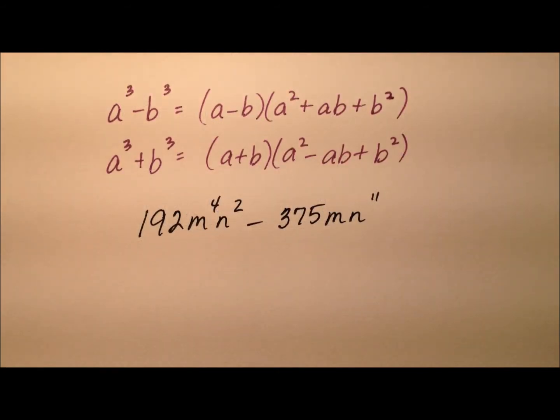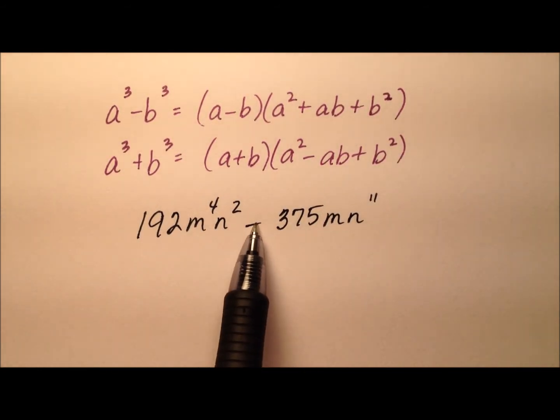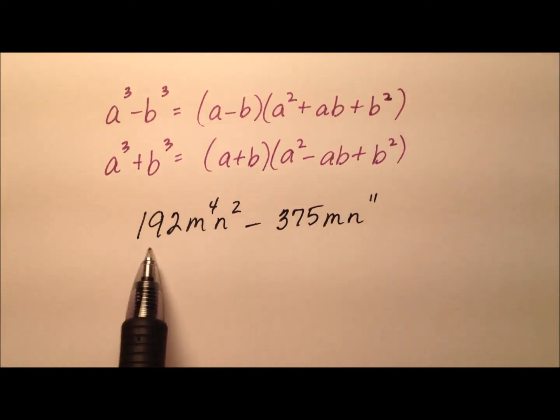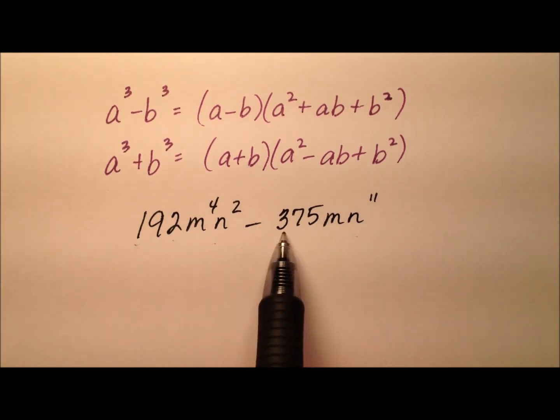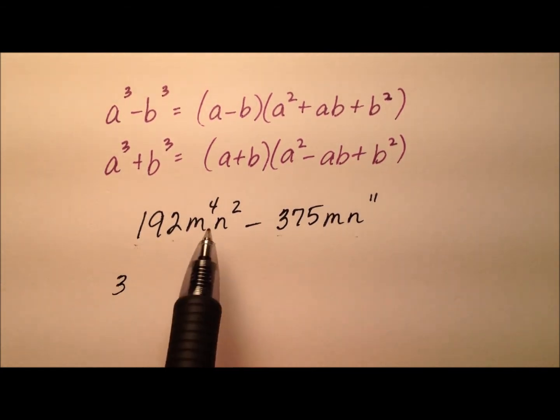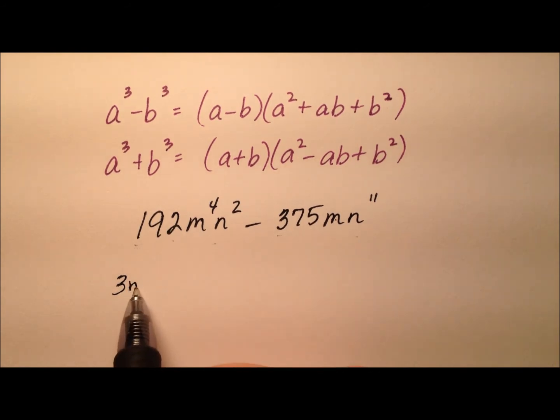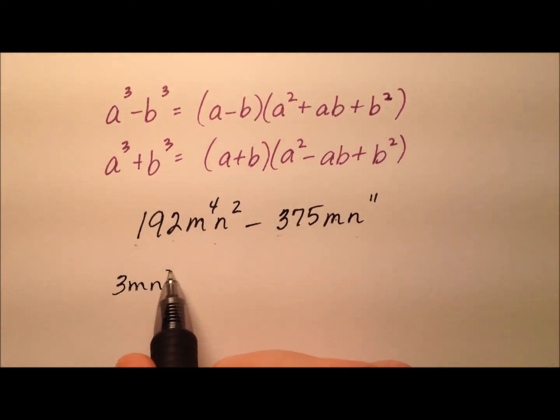Now in this last example, we're going to do the difference of two perfect cubes, except you'll notice these don't exactly look like perfect cubes. But there are some factors here that we can factor out of this expression before we get started. So it looks like a 3 will divide nicely from the numbers, and it looks like an m and an n squared.